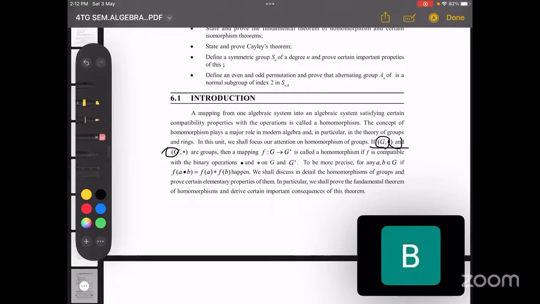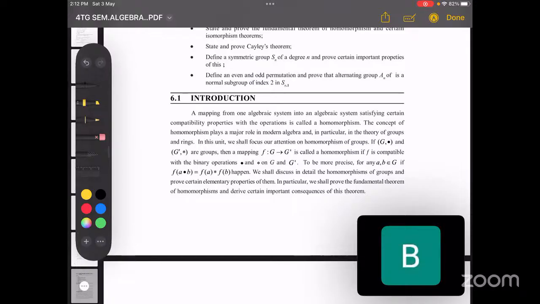If you take two sets with two different operations and they are groups, then a mapping f from G to G dash is called a homomorphism if f is compatible with the binary operations dot and star on G and G dash.